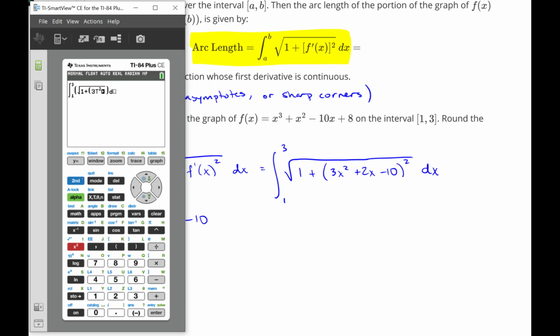Oh, I'm still in that t thing. Let me switch the mode to function. It doesn't really make a lot of difference, but I kind of prefer it. There we go. 3x squared plus 2x minus 10, and that set of parentheses is squared. And then we're integrating dx.